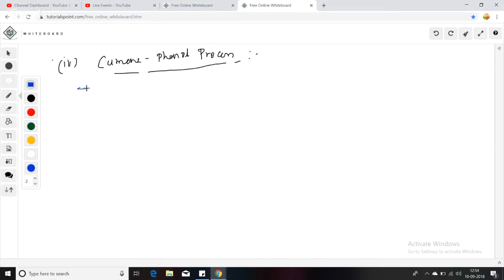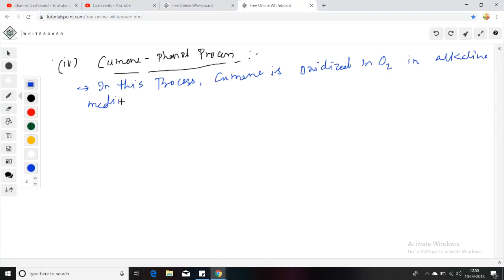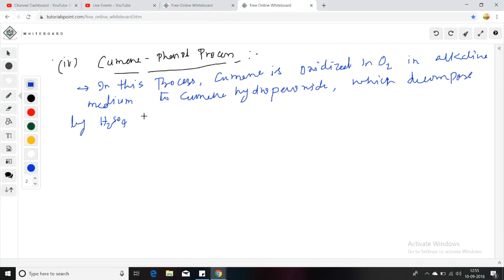In this process, cumene is oxidized in O2 in alkaline medium to cumene hydroperoxide, which is then decomposed by H2SO4 into phenol.